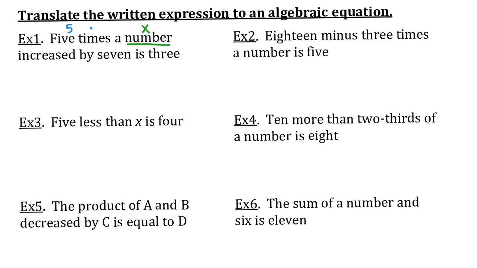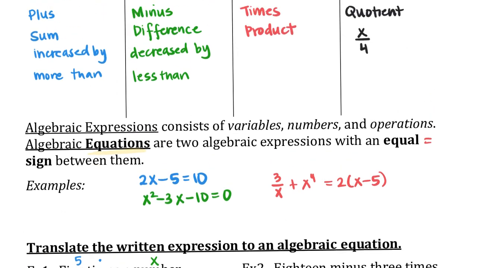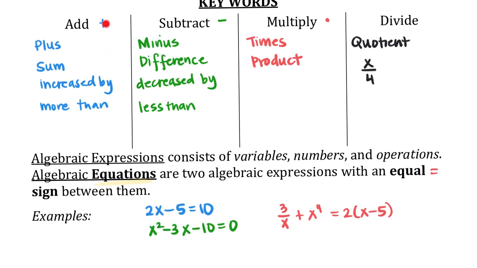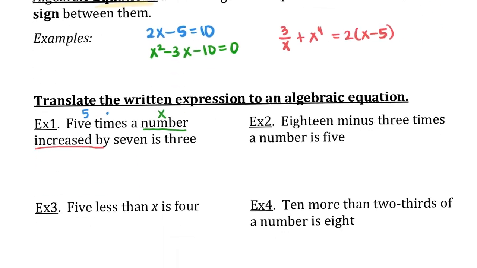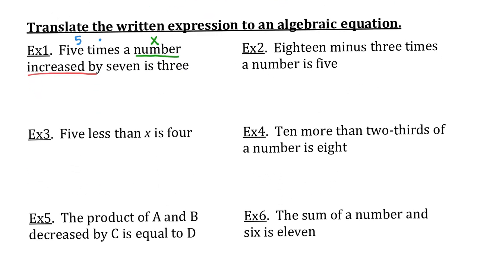But you could pick p, j, m, whatever your favorite number is. Okay, and then it says increased by. If you forget what increased by is, you go back to the list. Increased by means adding, so I'm going to add 7. And then when I see the word is, equals.